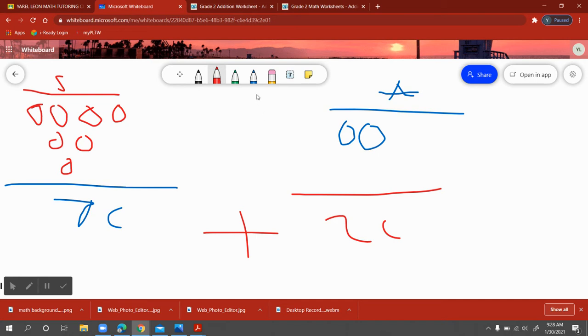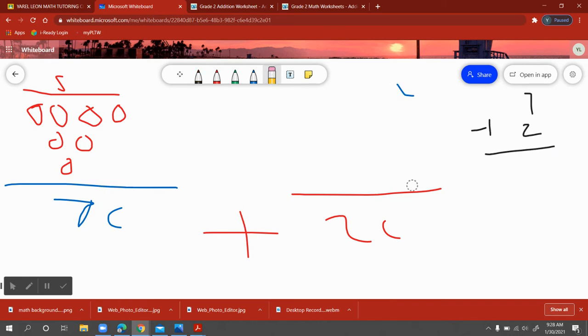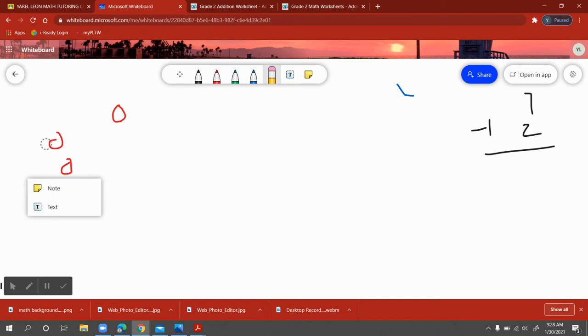Now there are different ways to add. You can do it like this, or you do it like this.